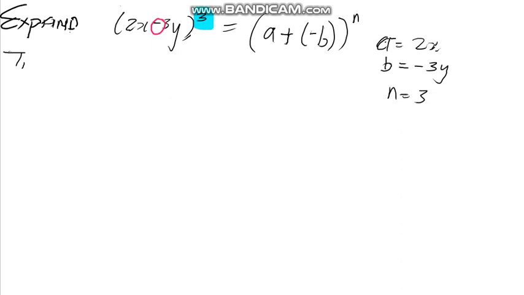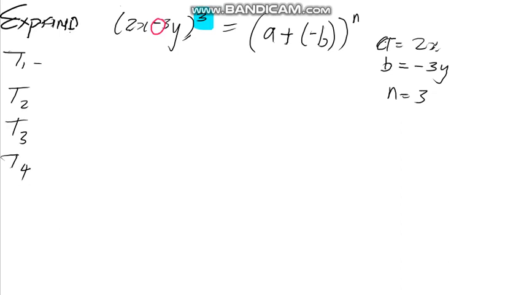How many terms are you going to have in the expansion? If it's 3 there, that means 4 terms. I'll show you just now. It's up to 4 terms if it's 3 there.